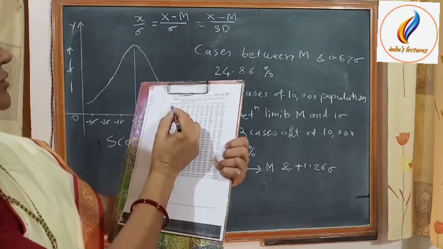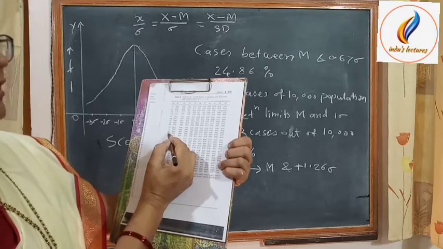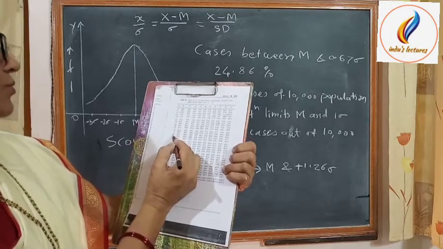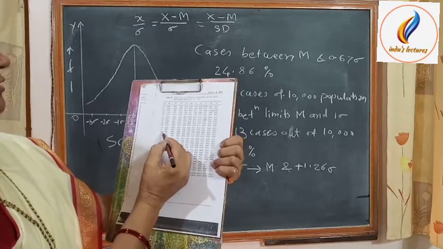That means we can use the same table for finding the cases between mean and minus sigma. In the first column, x upon sigma, go down up to 1.2 and horizontally go up to 0.06.